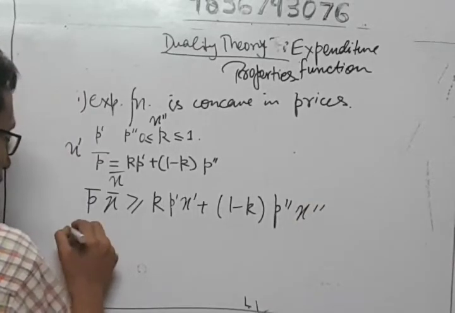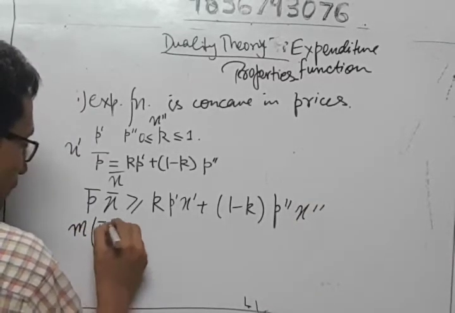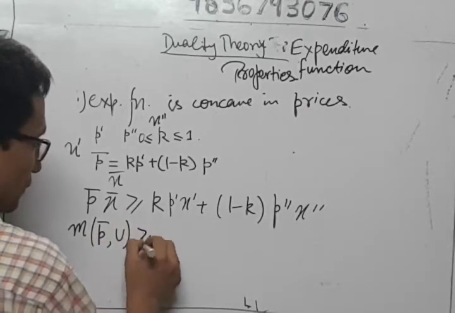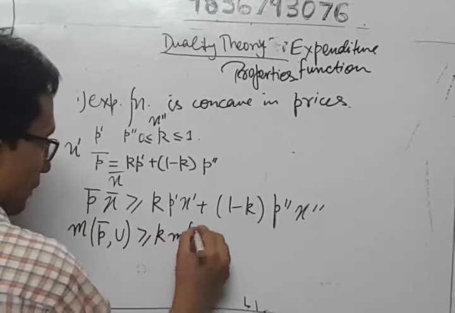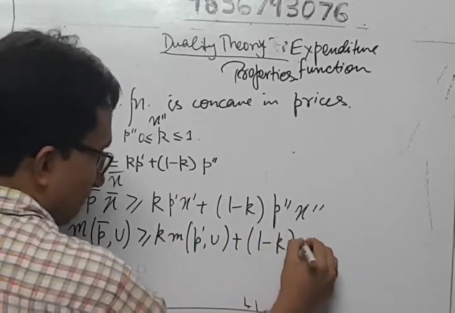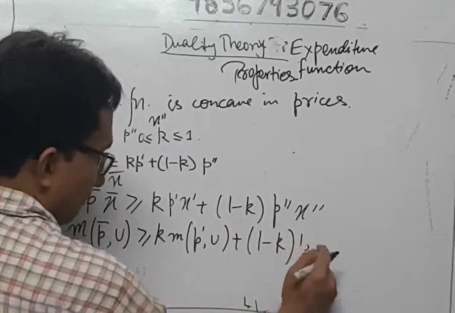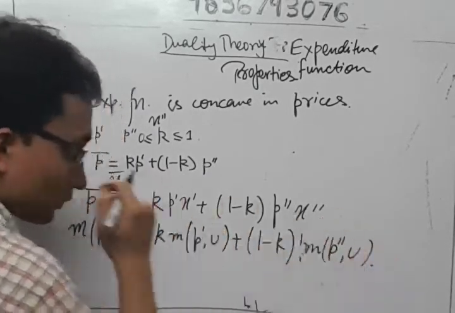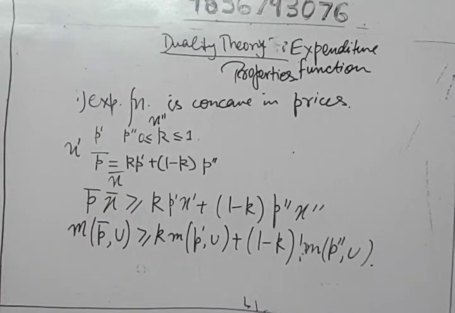So this can be written again as follows. The utility here remains unchanged under all three different price vectors. So k of e of P prime, u plus 1 minus k of e of P double prime, u. Okay.